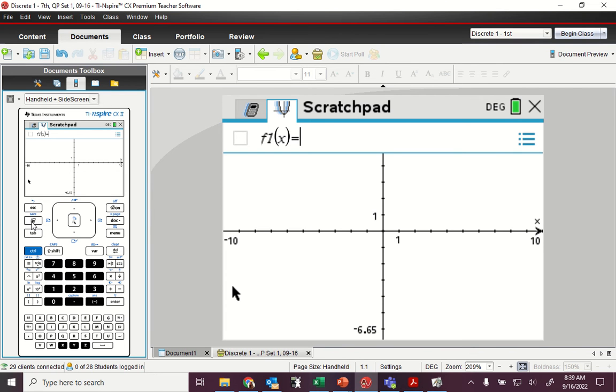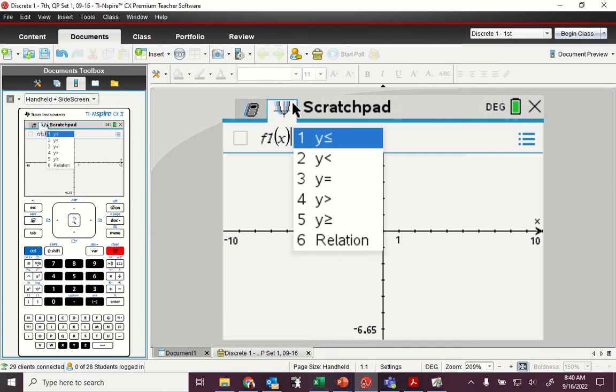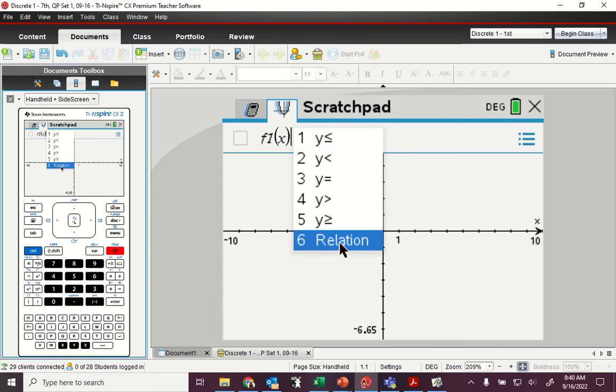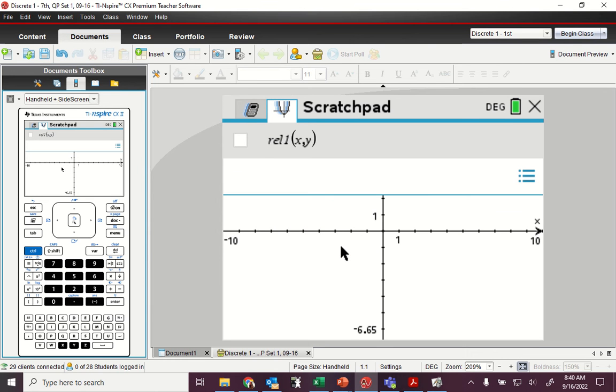Now I want to enter my equation in the calculator, but I don't want it to be f of x, because f of x is like saying y equals, and on my problems, y equals, say no. So I'm going to change it to a relation. You just back arrow, and then it changes to relation.